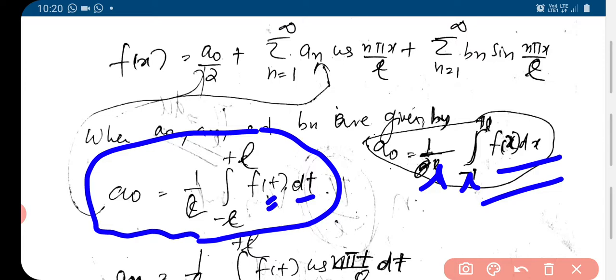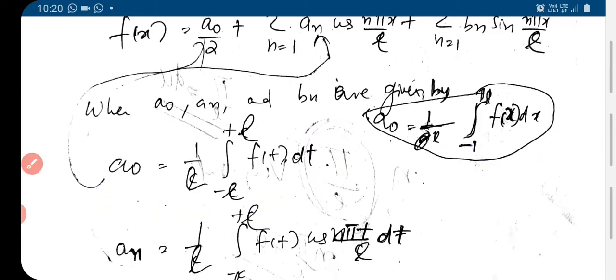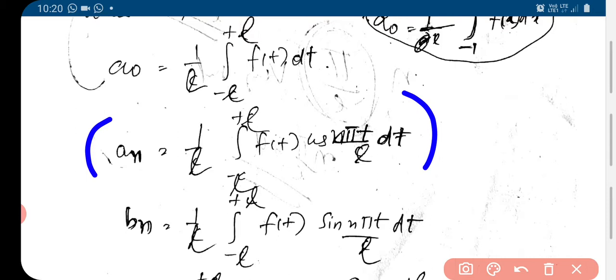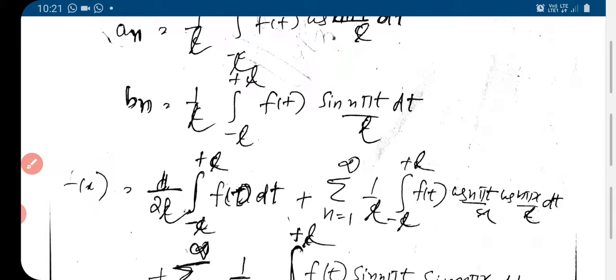And an is 1 by L integral of f of t cos n pi t by L dt, and bn is 1 by L integral from minus L to L of f of t sin n pi t by L dt.